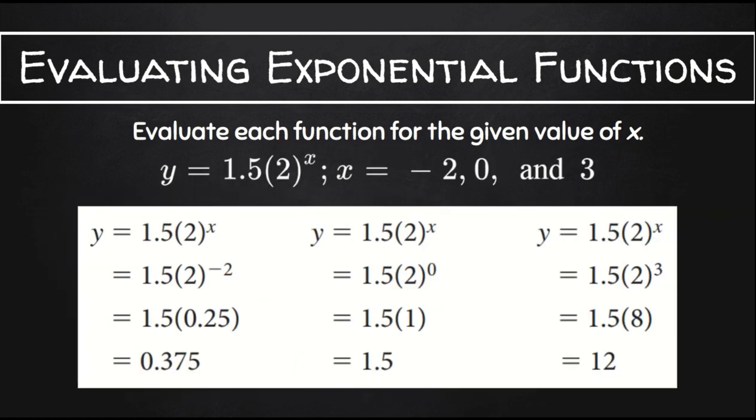So here you have a function. It's in the form of y equals a times b to the x, where x is either -2, 0, or 3. Now we just saw a quick example of how to evaluate something with a negative exponent. Here is going to be another example of that. So 2 to the -2 power. The thing you have to remember is that this 2, your base, is the denominator.